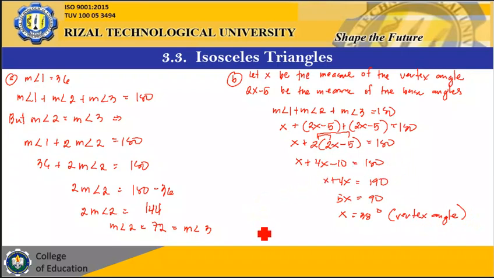Okay, for the base angles, we know that we have 2x minus 5, and substituting, 2 times 38 minus 5 is equal to 76 minus 5, which is 71 degrees. Okay, so this is the measure of each base angle.